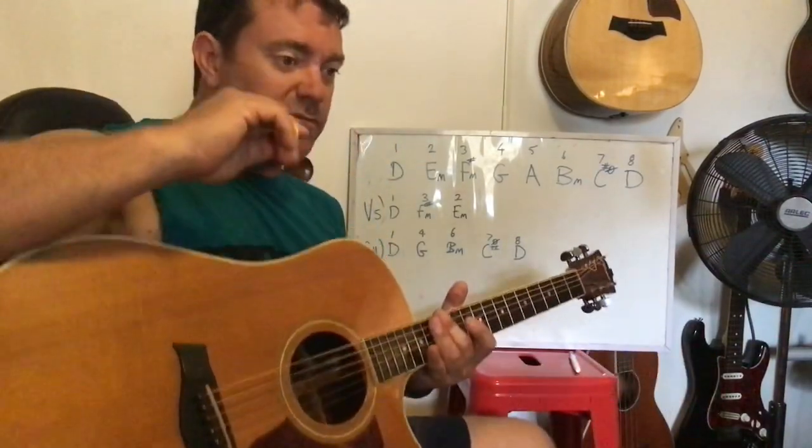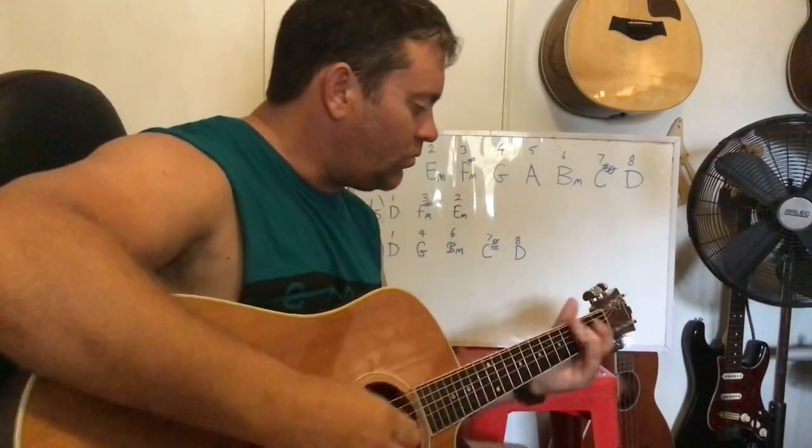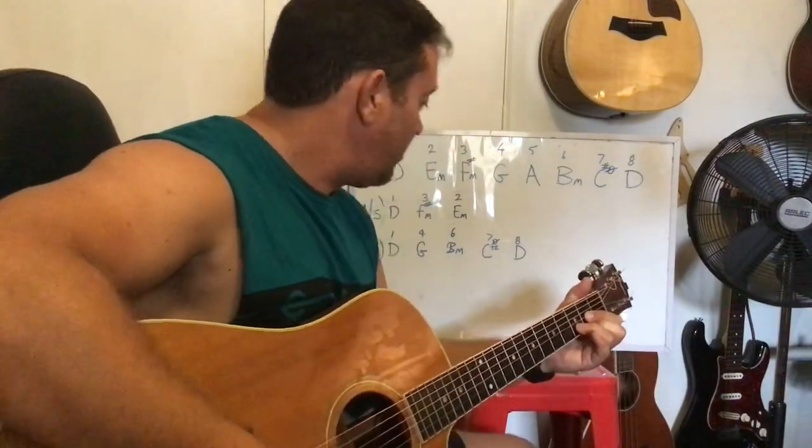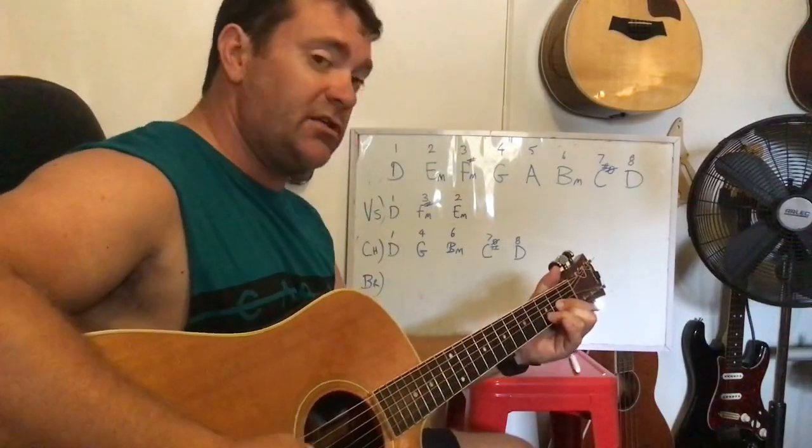Okay, now, so that's what we're going to do after we record this. So we're going to record the verse chord progression and then the chorus chord progression, one after the other.